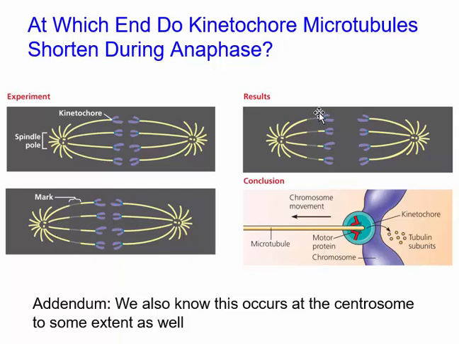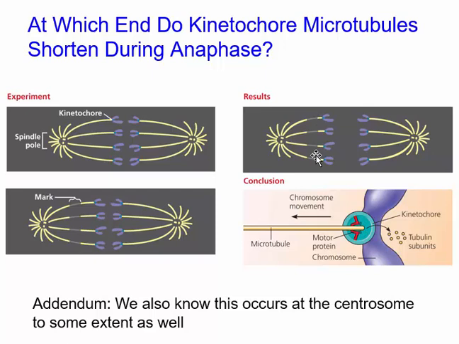Jumping to the results, what they saw was the shortening tended to occur out by where the microtubules are attached to the chromosome. So what that means is these motor proteins at the kinetochore are moving the chromosomes along, and that tubulin is depolymerizing as it happens, and that's how these are getting shorter.